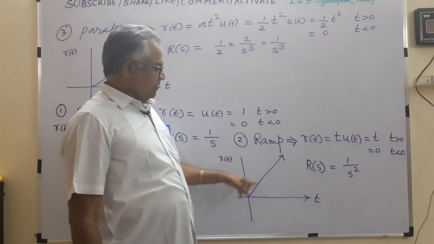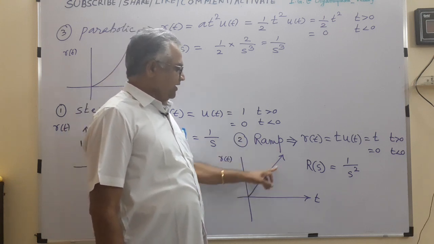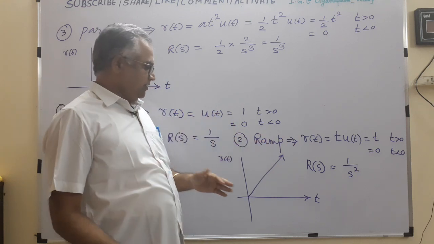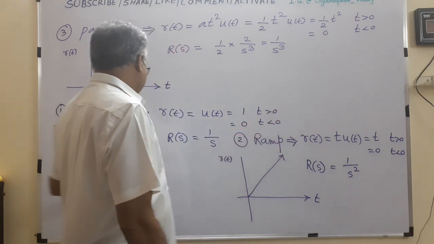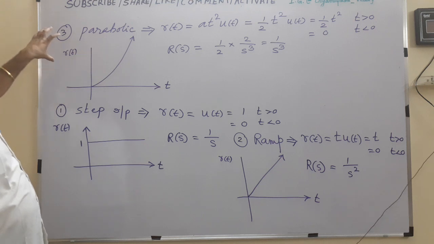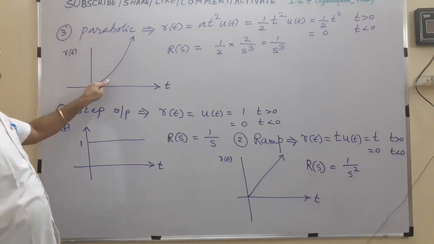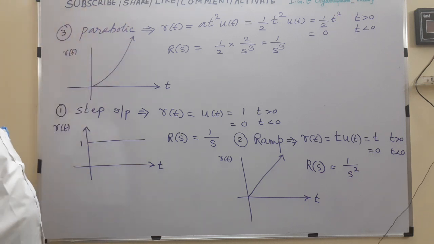Second priority is ramp. Why is ramp second priority? It is linearly increasing. So we are testing how the system responds when the signal is changing linearly, whereas with step it changes suddenly. Further, the least preference is this one. Initially it rises slowly, later it increases fast.